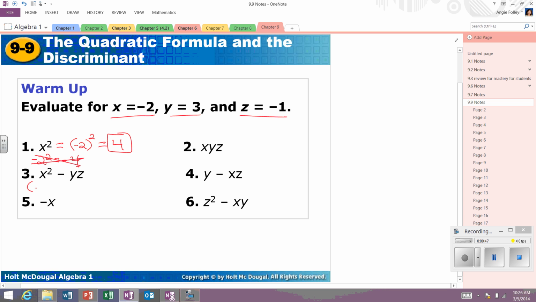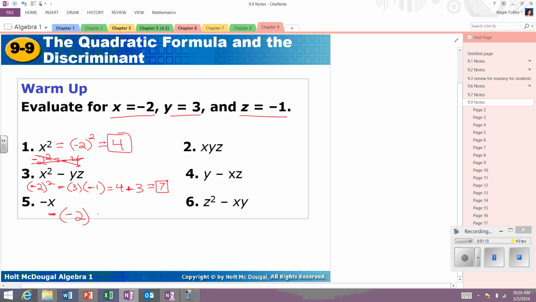On this next one, I plug -2 into x, 3 into y, and -1 into z. So -2 squared is 4, and then 3 times -1 is -3, but I have a -3 out here, so it becomes +3, so my answer is 7. On this one, I've got a negative, and then into x, I plug in -2.